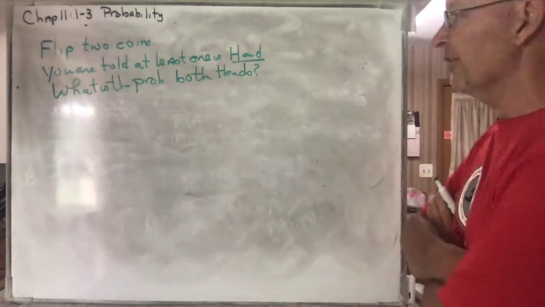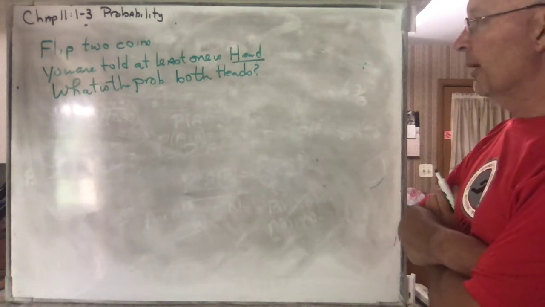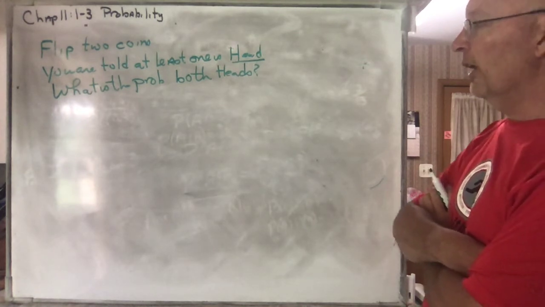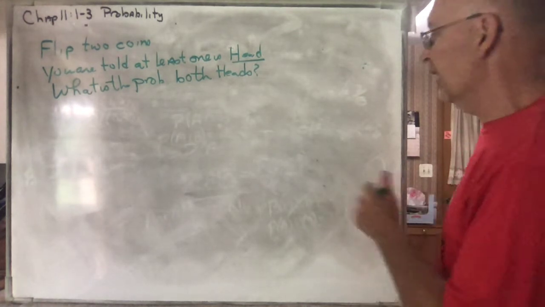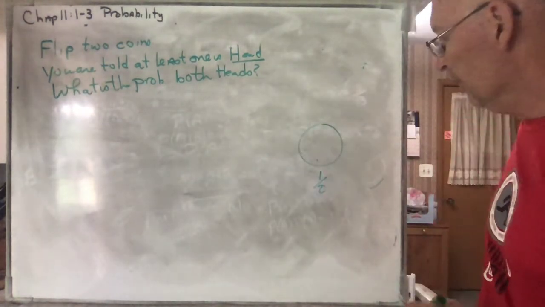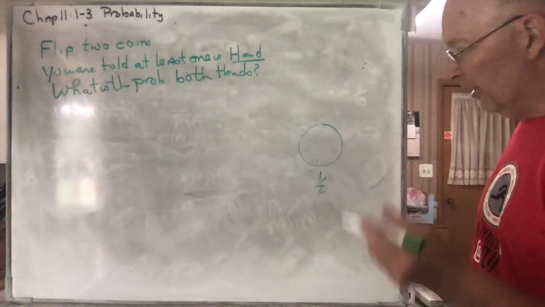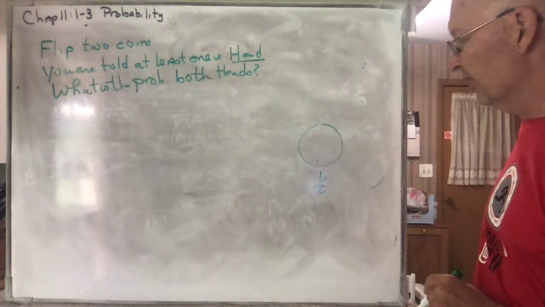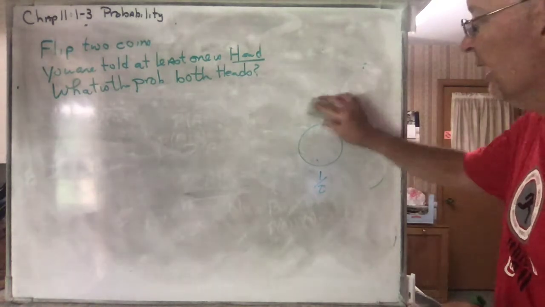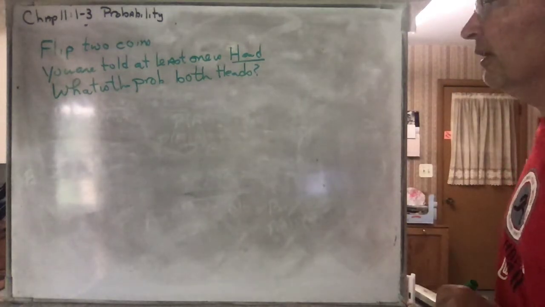Now, here's what I like about this. If I just flipped one coin and it's a fair coin, what would be the probability it would be a head? The answer would be 1/2, right? 50%. So if I flip one coin, I'd say the probability that it landed a head is 1/2. Okay, now I flip two coins, and you look at them, and you say, hey, at least one of them is a head.